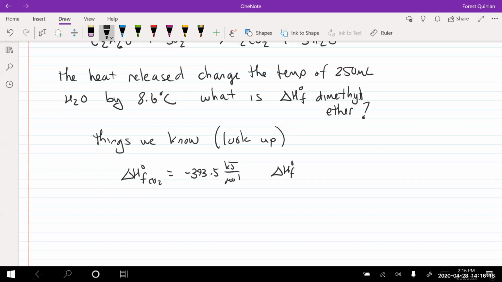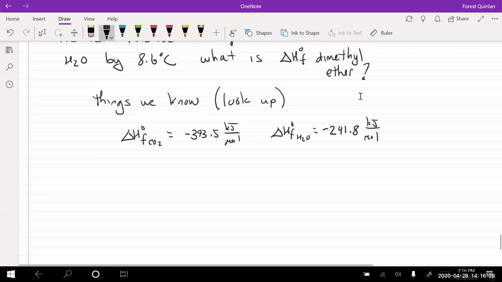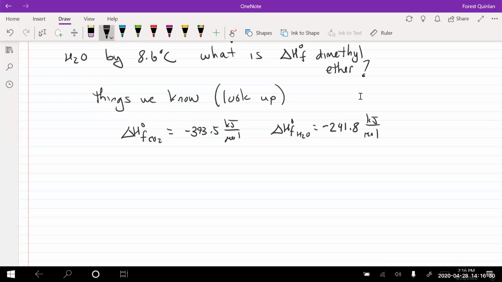The delta H naught of formation of H2O is negative 241.8 kilojoules per mole. And finally, the heat capacity of water is equal to 4.186 joules per gram degree Celsius.